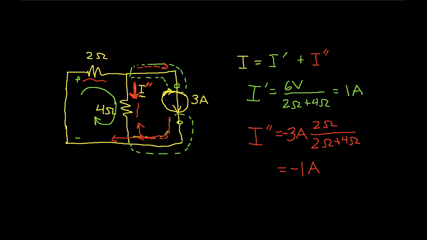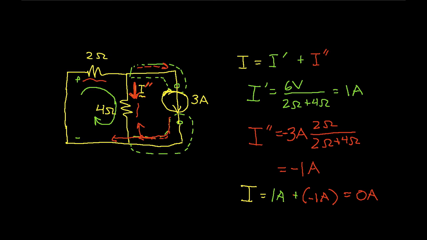Okay, so this tells me then that the total current I is going to be 1 amp plus negative 1 amps, or 0 amps.